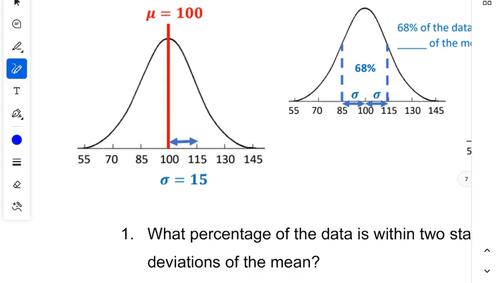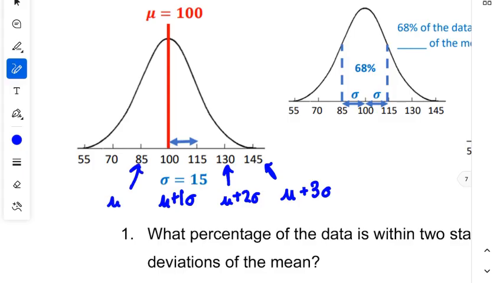So this is our 1 standard deviation, mu plus 1, that's 115, and then this one is mu plus 2 standard deviations, and this one is mu plus 3 standard deviations. And then you can go backwards: this one would be mu minus 1 standard deviation, this one is mu minus 2 standard deviations, and this one is mu minus 3 standard deviations.